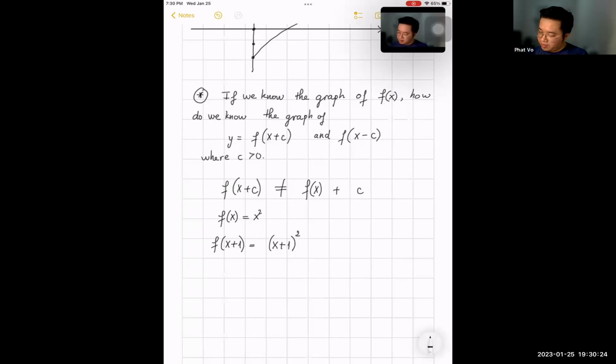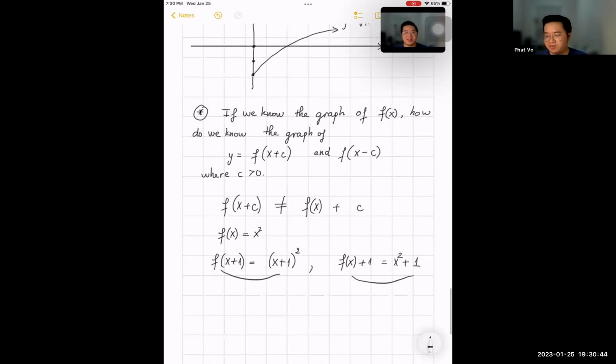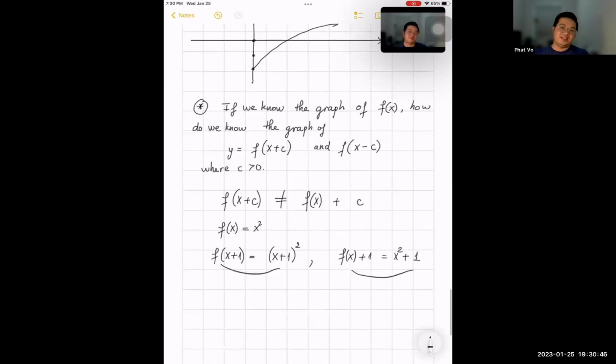But f(x) plus 1 is x squared plus the number 1. So you see these two functions are very, very different. So we will use different rules, not the rule we learned above.